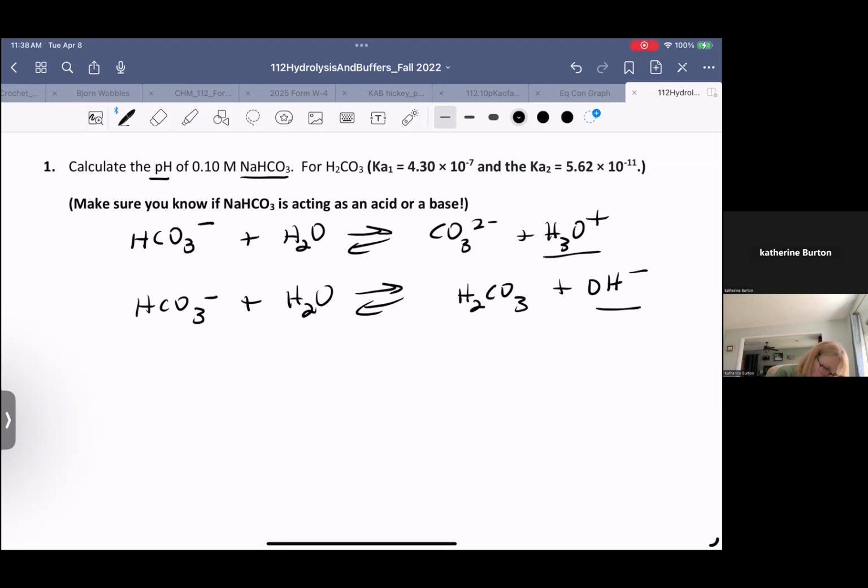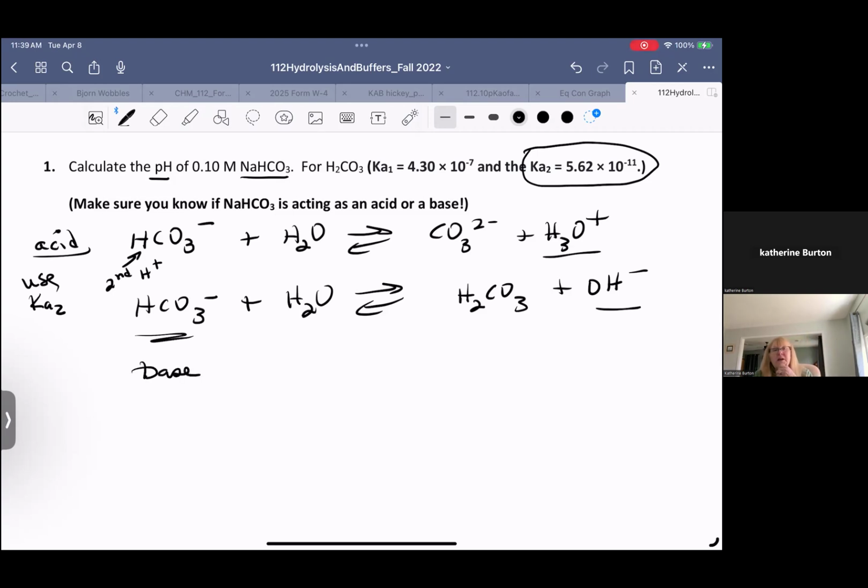If we're thinking about it as an acid, if we think this is the correct reaction, we're removing the second proton, and you would use Ka2 if it's an acid. But if we're looking at it as a base, anytime we're given Ks for an acid but it's acting as a base, we know that we have to calculate our Kb.